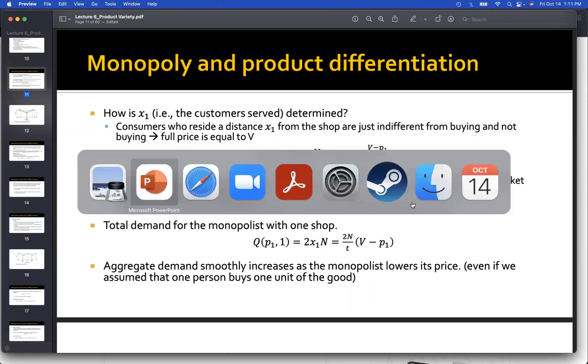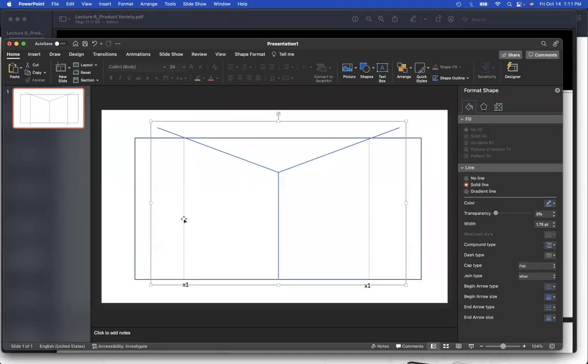So in this picture here, the entire consumer base is N. So the share of the street from X1 on the left to X1 on the right, say this is like 80% of the street, then that means 80% of the consumers are going to buy from you.